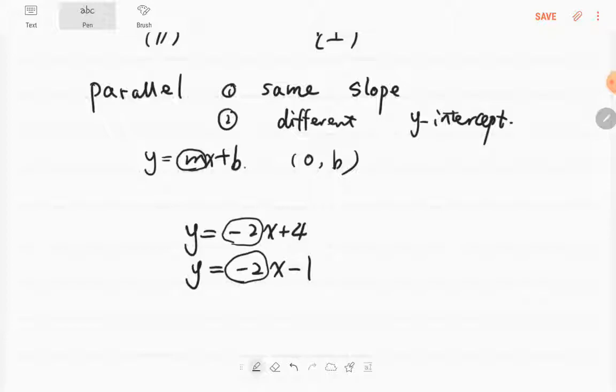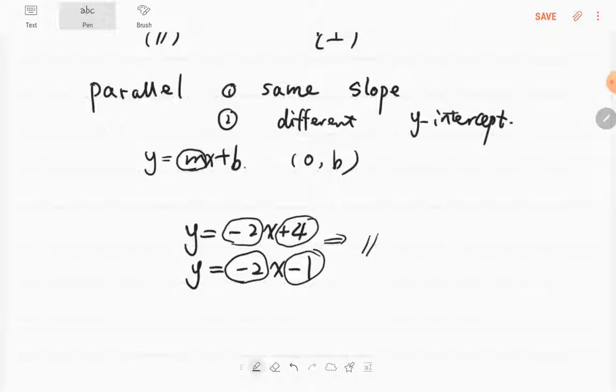So both are -2. So the first condition is qualified, right? Same slope. Then we check for different y-intercept. The y-intercepts are +4 and -1. They are different. So we get the conclusion: yes, these two are parallel to each other.